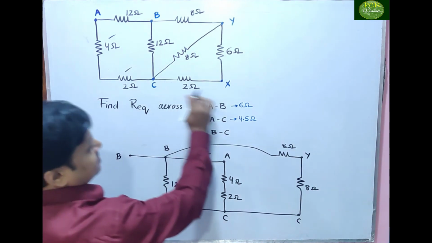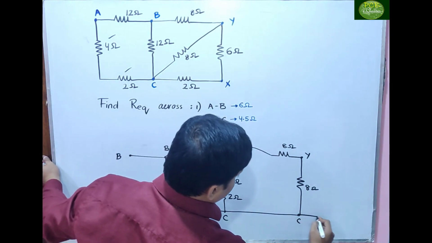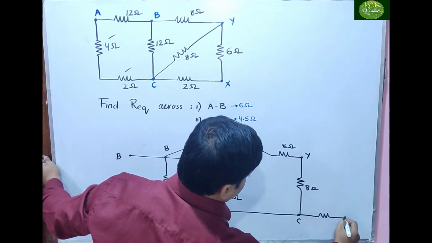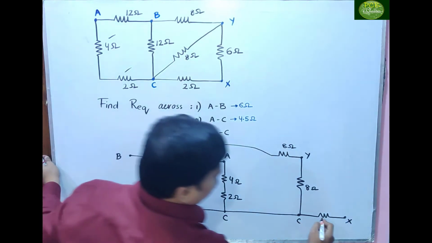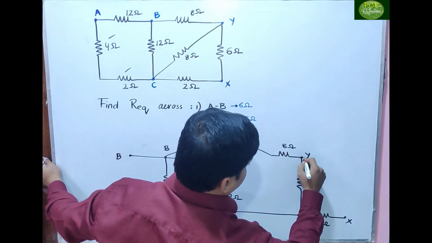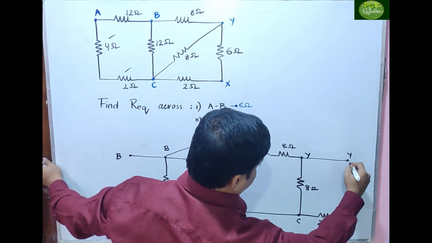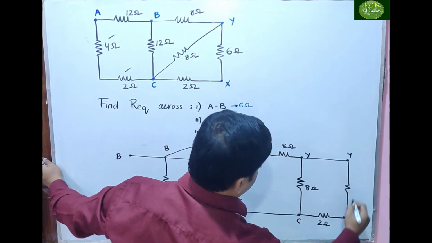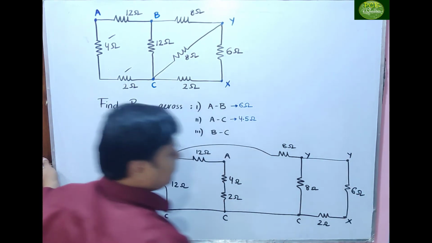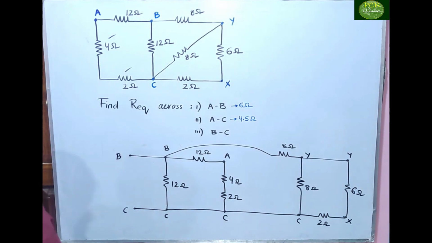Fine. Next, C to X, how much? 2 ohm, and here it is Y point, that is 6 ohm. Fine. This is the diagram. Clear?